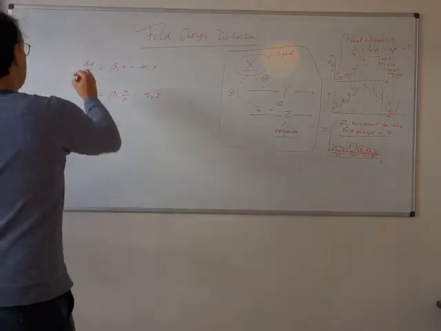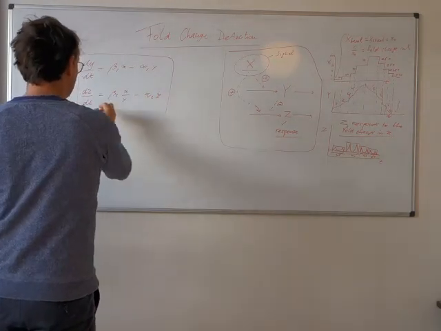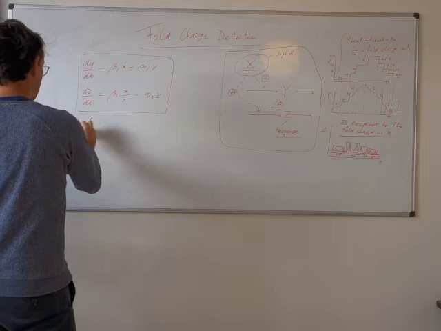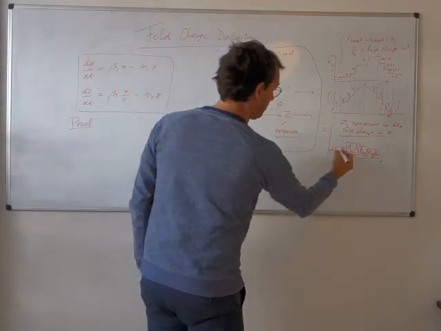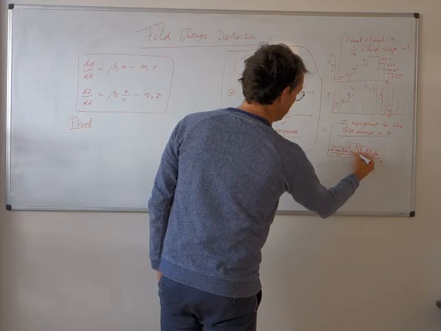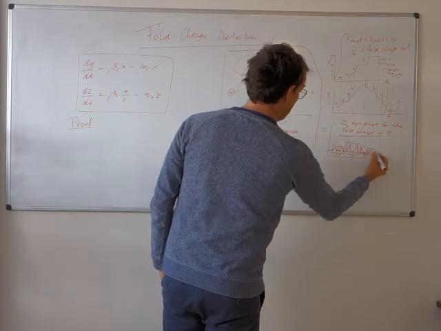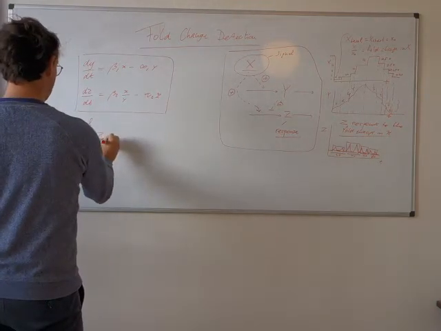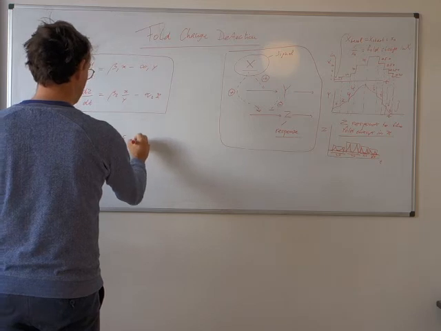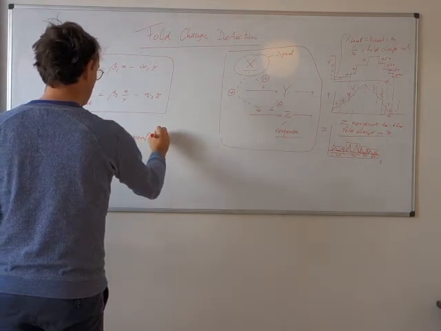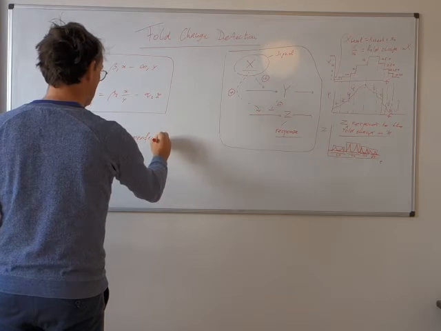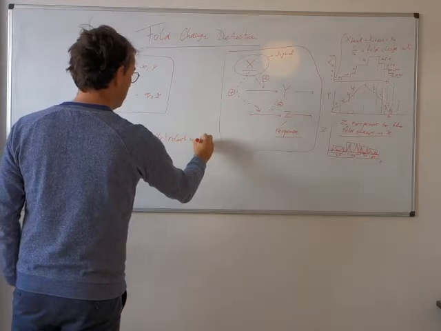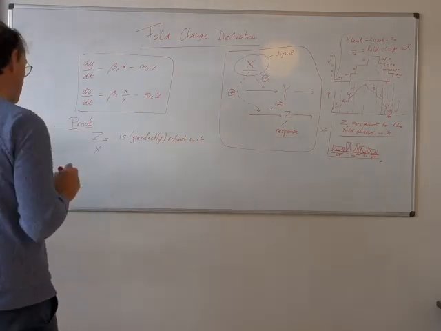Okay, so fold change detection. We need to prove first the robustness, because every time Z will go back to the same basal state, regardless of the value of X. So we need to prove that the steady state concentration of Z is perfectly robust with respect to X. That's what we have to show.